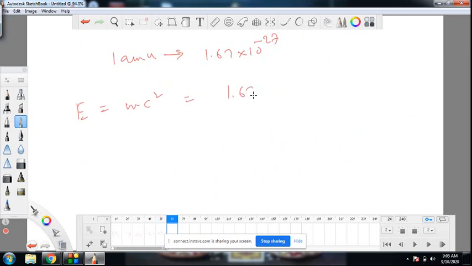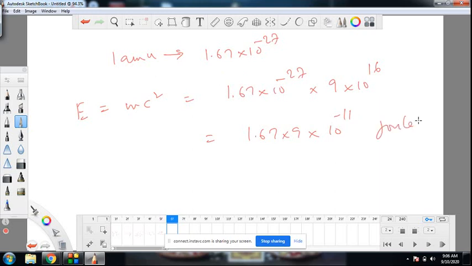Mass here is 1.67 into 10 power minus 27. C square is 9 into 10 power 16. I'll not multiply this. It's better I write it as 1.67 into 9 into 10 power minus 11. Is it right? 10 power minus 11 joules.